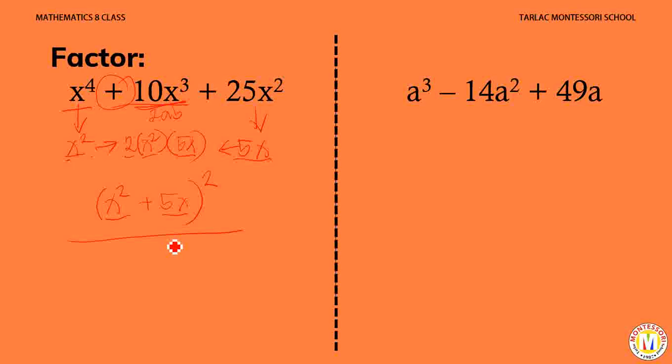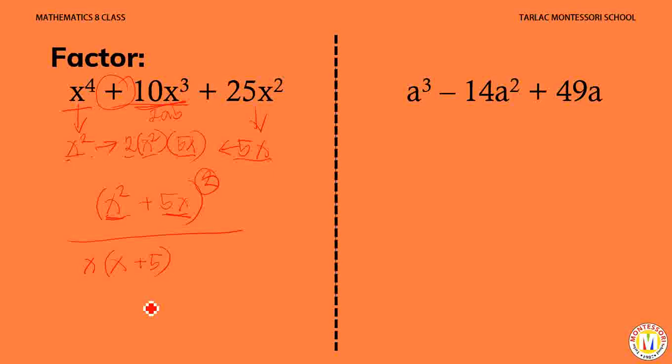And we have discussed a while ago that whenever you have a common factor, you need to move out all common factors from the polynomial. So, x squared and 5x still has a common factor, which is x. So, we need to move out x, and then dividing x squared by x, you'll have x. 5x divided by x, that would be 5. So, you'll have x plus 5.